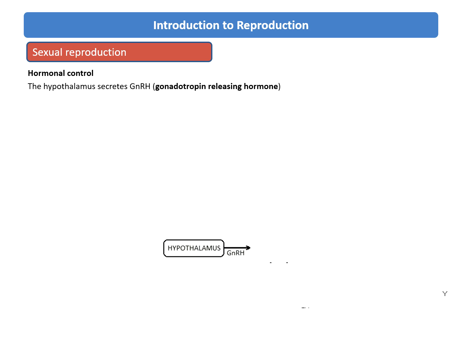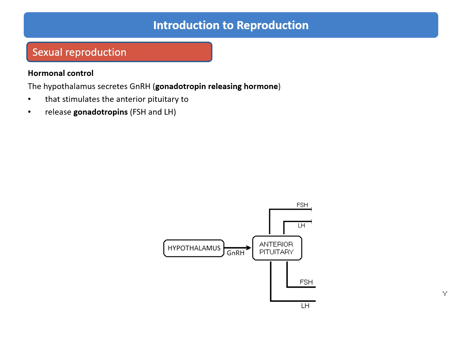Let's look at hormonal control. The hypothalamus, recall, secretes gonadotropin-releasing hormone that stimulates the anterior pituitary, its target, to release gonadotropins. These are FSH and LH. For the moment, I'm not telling you what those abbreviations mean.